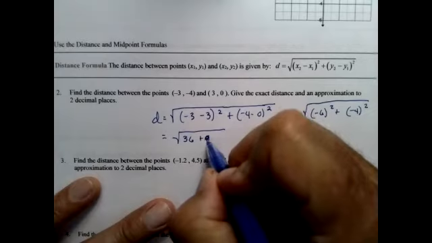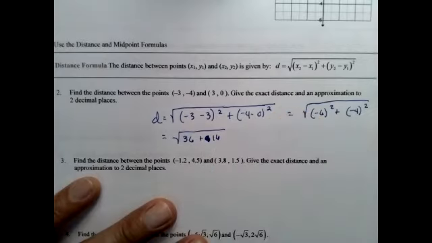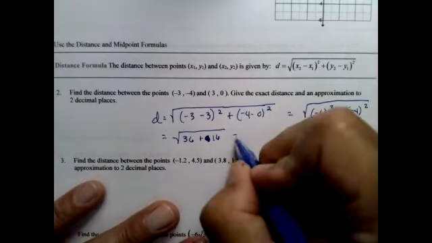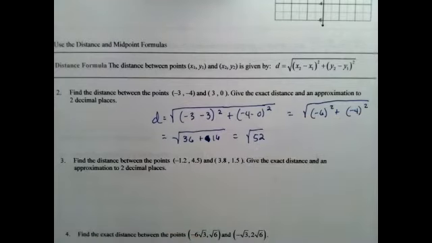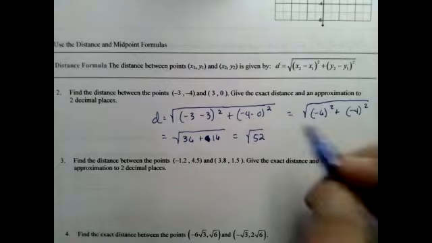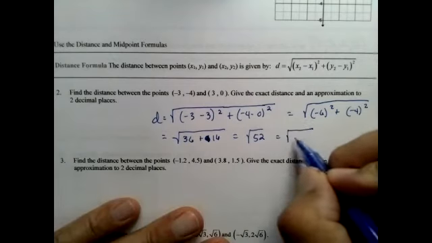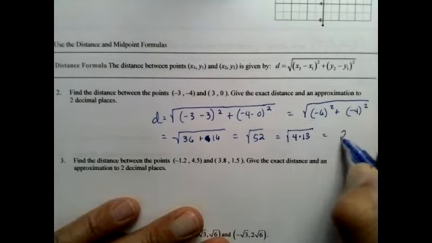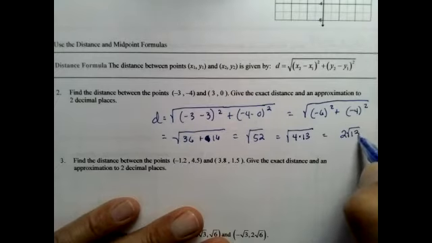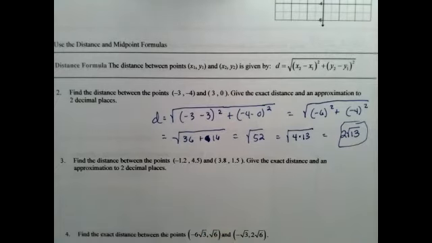Oh, that's not 4, that's 16. Equals the square root of 52. I think I can make this the square root of 4 times 13. What do you think about that?